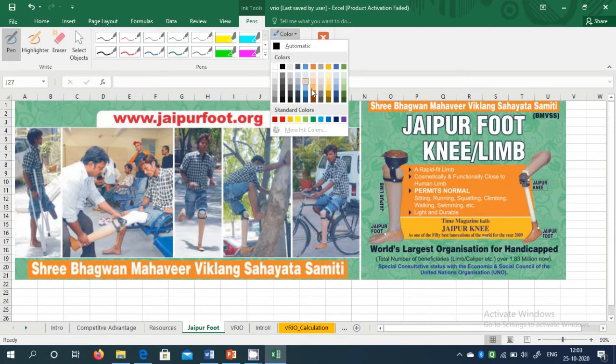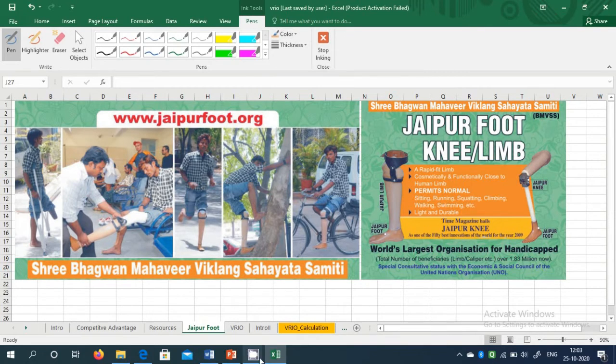Now, how can we say that sustainable competitive advantage exists only in the corporate world? In the social entrepreneurship sector also you can find this.